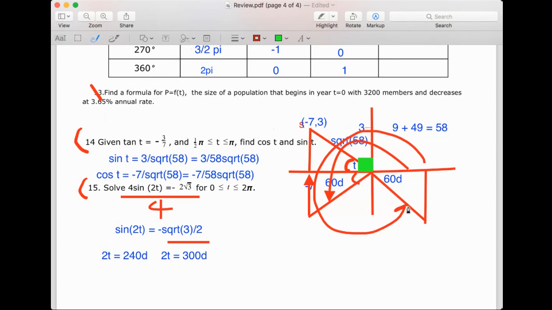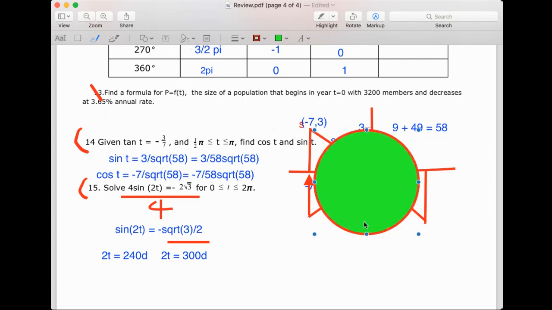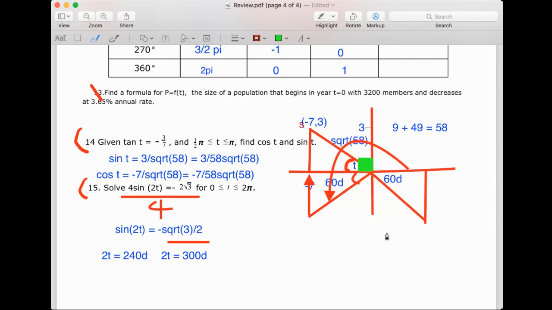What's the angle measure? You said earlier it was 300, 360 minus this 60, right? Yeah. That's it. So from there, we get 2t. The angle measure equals 240 degrees. Another solution is 2t equals 300 degrees, because the angle is 2t.